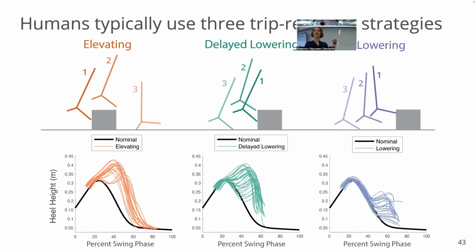So here we're plotting heel height versus percent swing phase. And the thick black line indicates average nominal heel behavior for untripped walking. And we've sorted them into the 3 strategies here. And as you can see, even within a given trip recovery strategy, there's lots of kinematic variation in how this one subject recovered from trips.